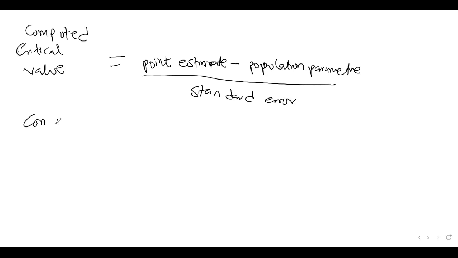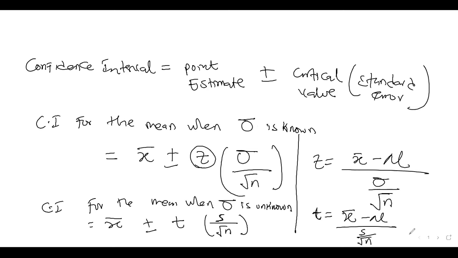Now, if I want to compute the confidence interval for a proportion, remember the generic formula is the point estimate plus or minus the critical value times the standard error.